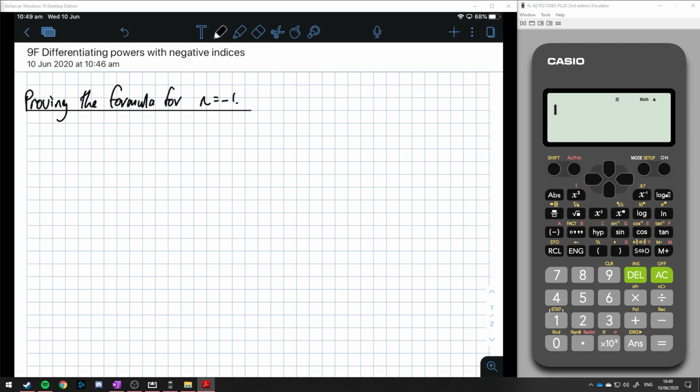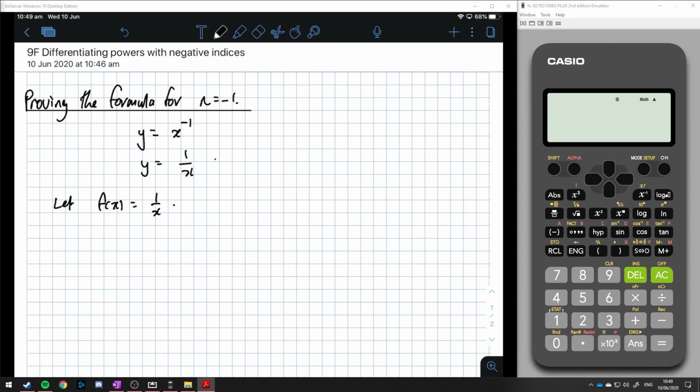So let's start off with y equal to x to the -1. We know this is the same as 1 over x, okay? So we're going to let f(x) be equal to 1 over x.